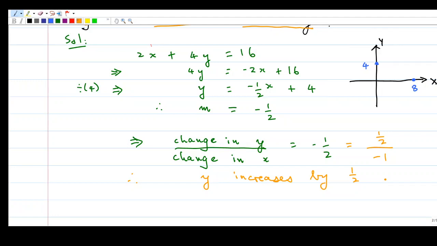So your line is going to be like this. All right, that's your straight line. You can push it up.